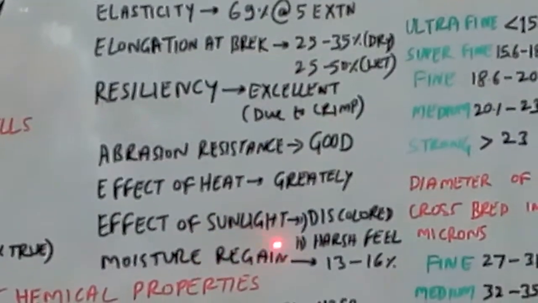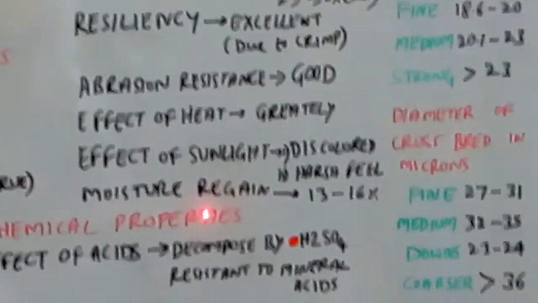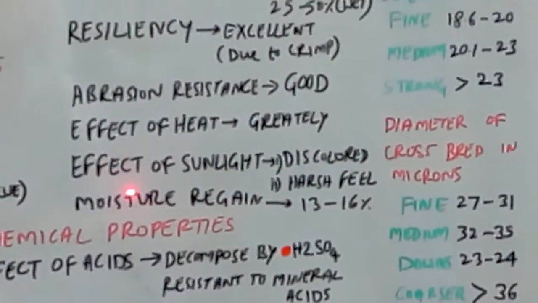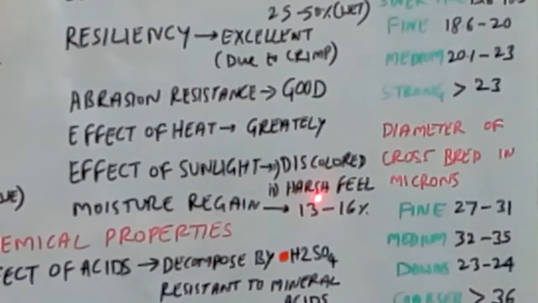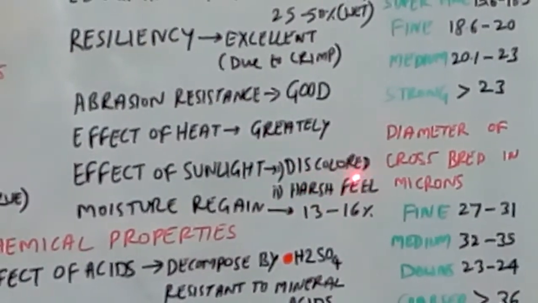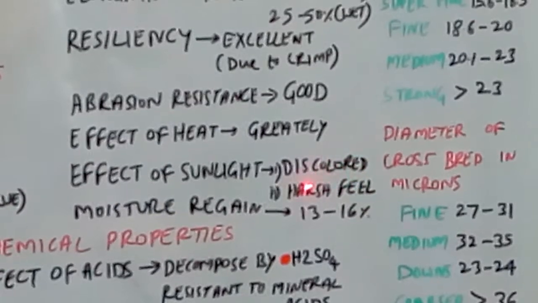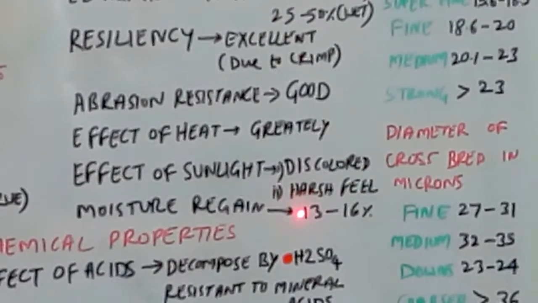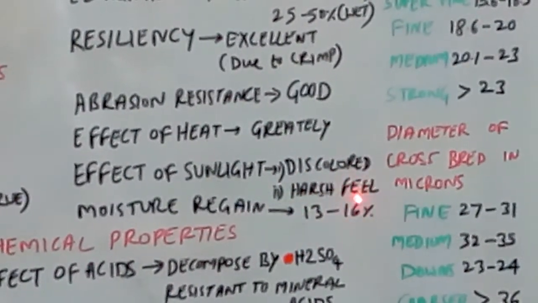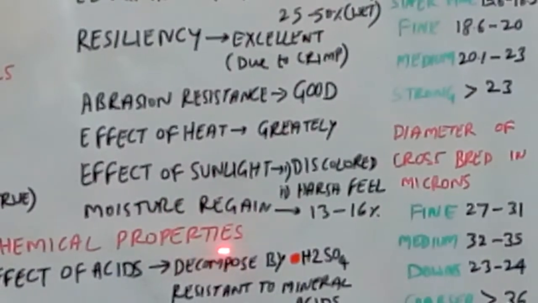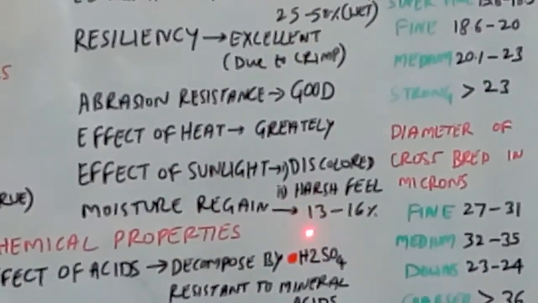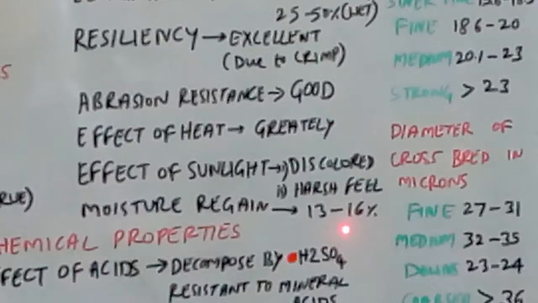And the effect of sunlight. If wool fabric is exposed to sunlight, the color will fade, that is, it is discolored, and after some time the feel will be harsh. Moisture regain is more, a good 13 to 16%.